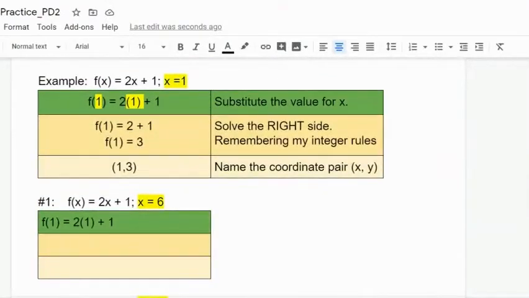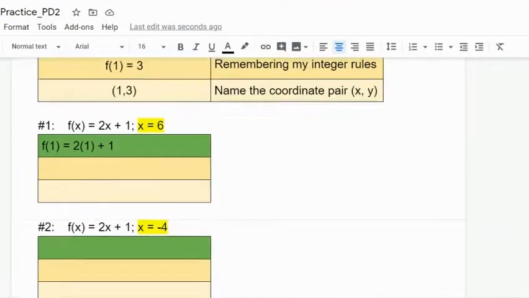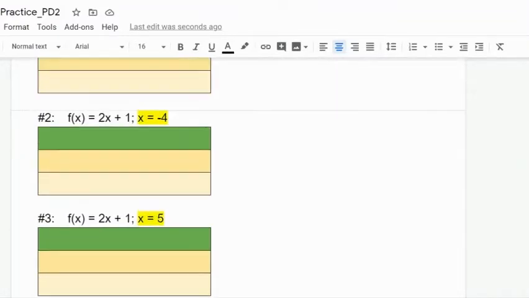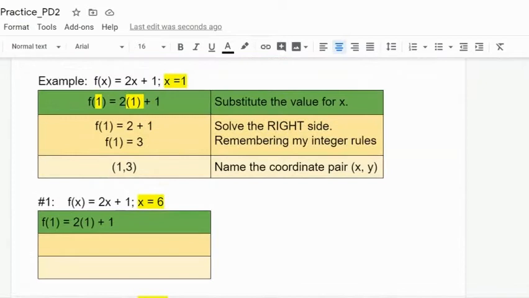So the practice is similar to yesterday. I'm going to do the first 2, and you're actually going to do 3 and 4 on your own. So looking at number 1, we have f of x equals 2x plus 1 and x equals 6. So the first step, oops, I have a couple little mistakes here that I'll be fixing.